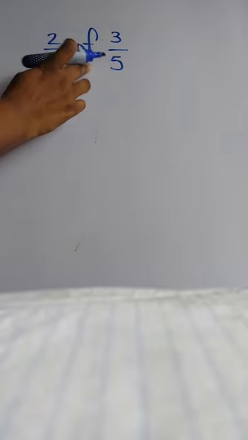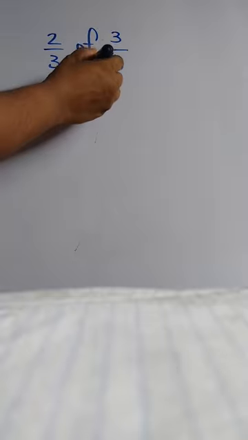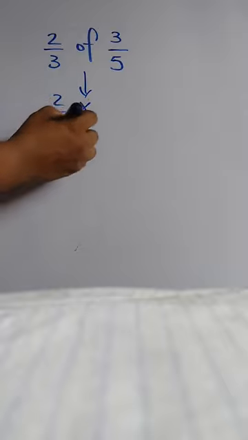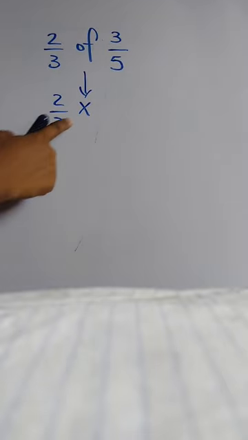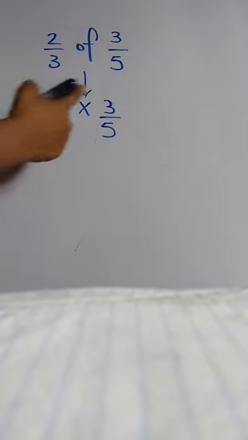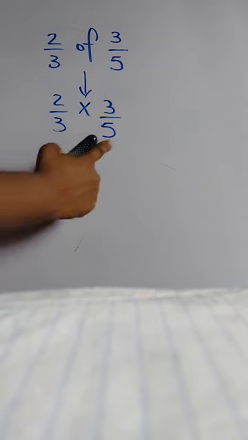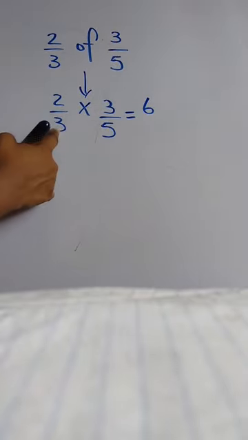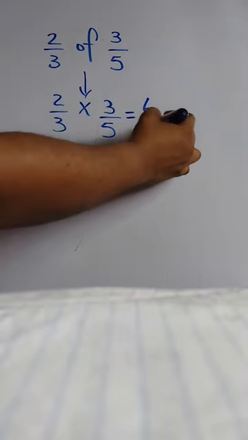The "of" implies a process of multiplication. 2/3 of 3/5 means 2/3 times 3/5. We go ahead and multiply numerator with numerator, denominator with denominator. So we say 2 times 3, that's 6. 3 times 5, that's 15.